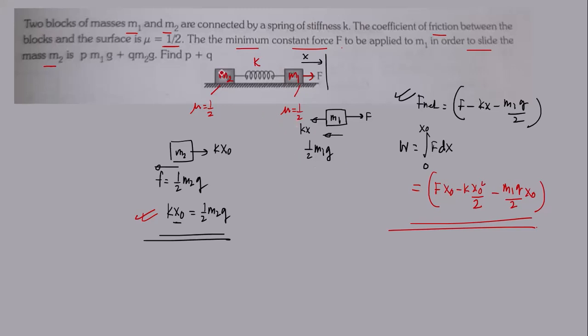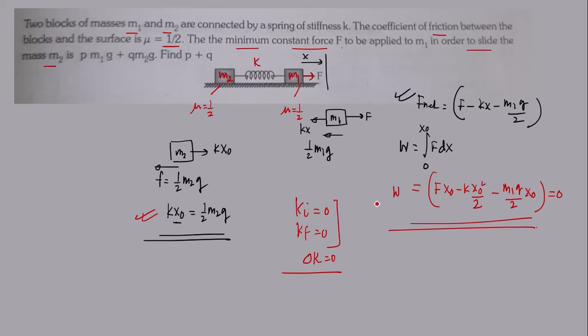Initially M2 was at rest, so the initial kinetic energy is 0. Since you want the minimum F, the final kinetic energy is also 0. That means the change in kinetic energy is 0, so the work done is entirely 0, because there is no change in kinetic energy.